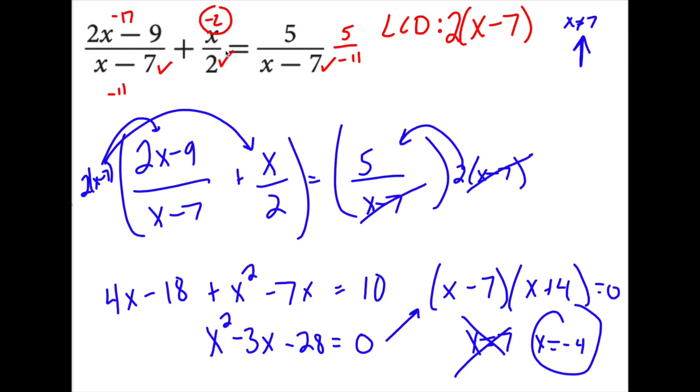Once you clean it up, what you're going to notice is that negative 17 over negative 11 is equal to positive 17 over positive 11. And then this is equal to negative 22 over 11. And 17 over 11 minus 22 over 11 equals negative 5 over 11.